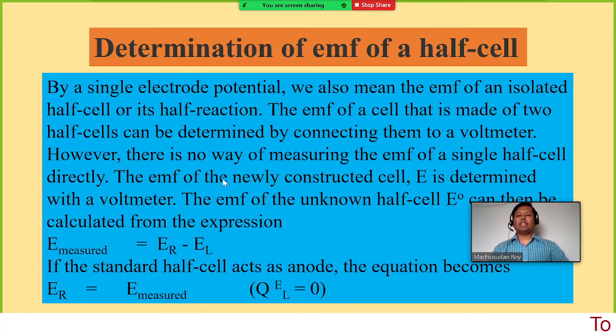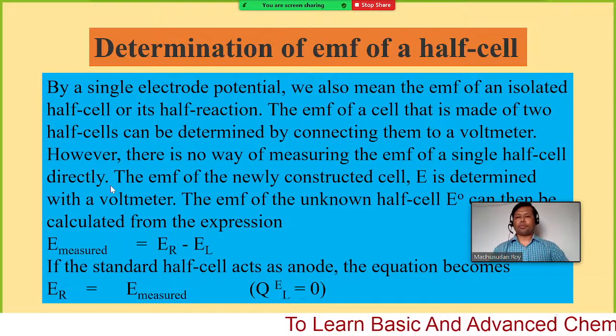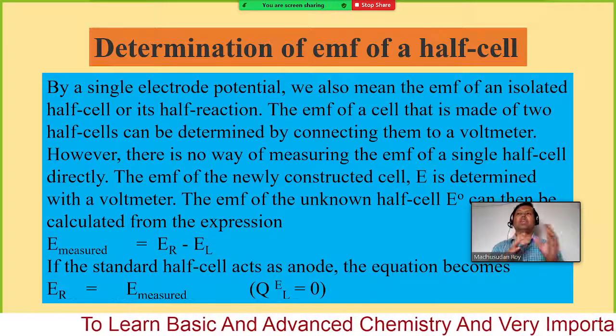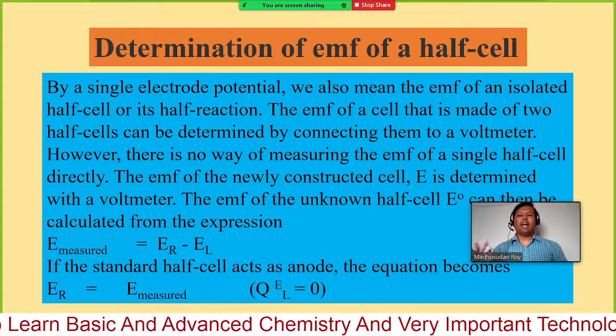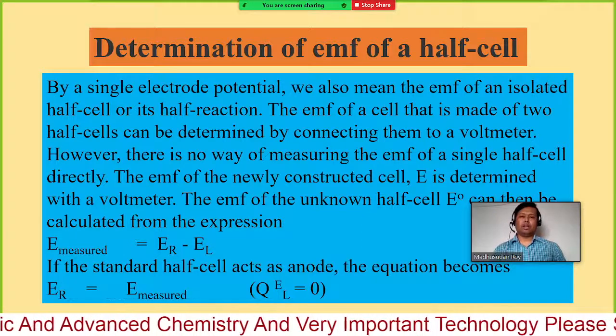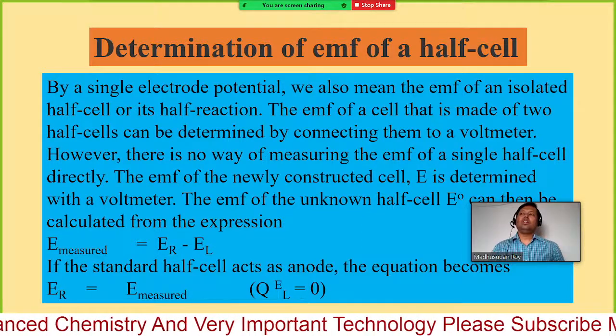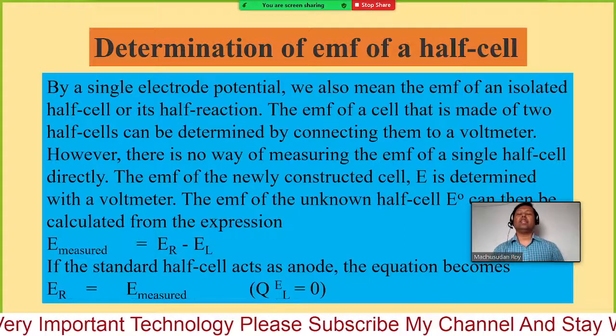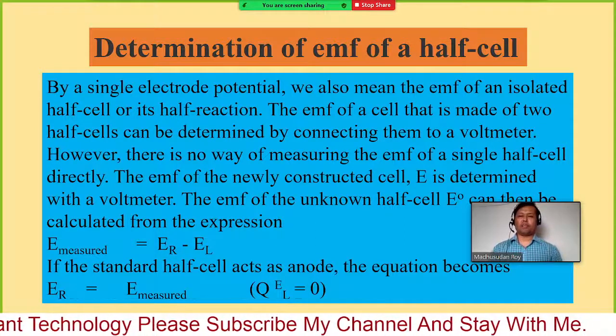However, there is no way of measuring the EMF of a single half cell directly, because if you do not have a full circuit, how will you determine the voltage? So there is no way to directly determine the voltage of a half cell.